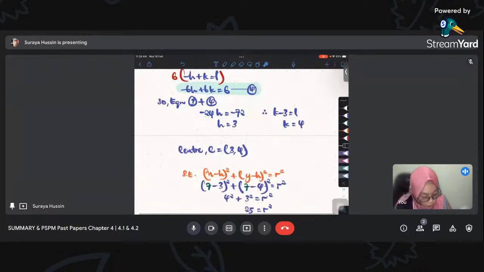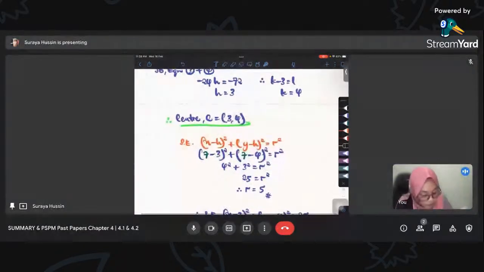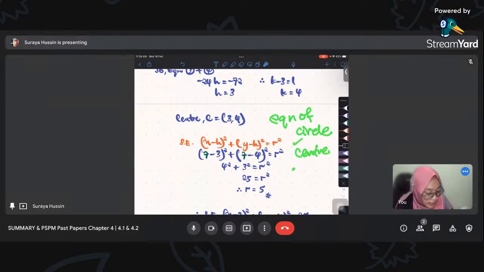Alright? So now we have the center already. This is the center, write it down nicely. After finding the center, you can find the radius, because we want to find the equation of circle. So our goal is the equation of circle. Right now we already have the center, and what we need then is the radius.